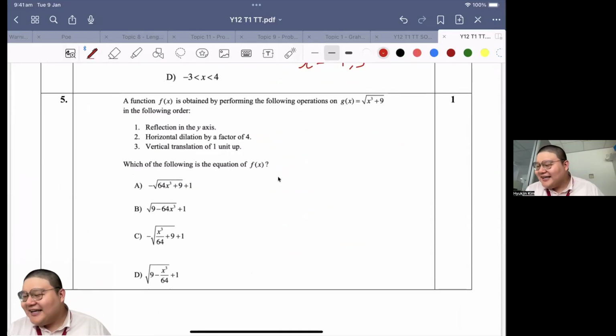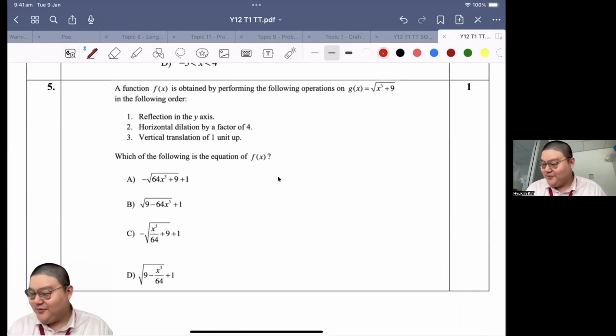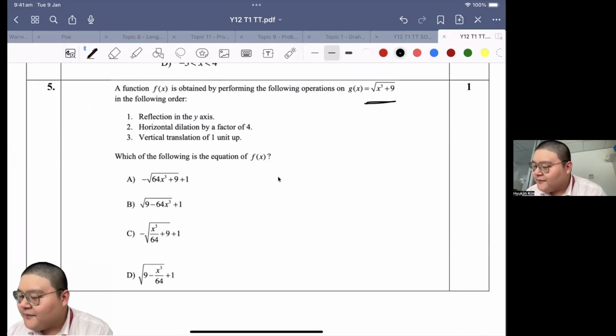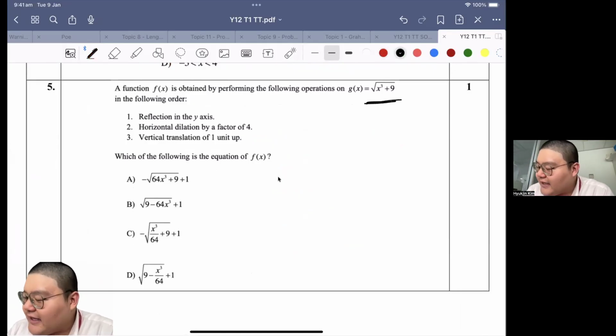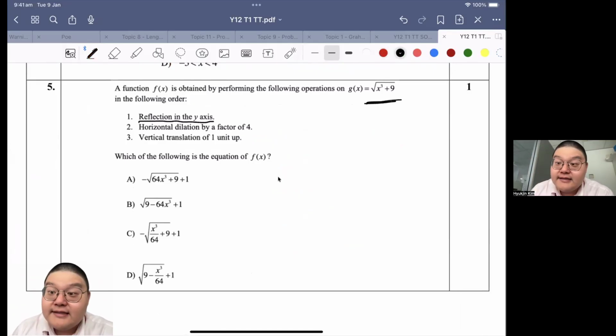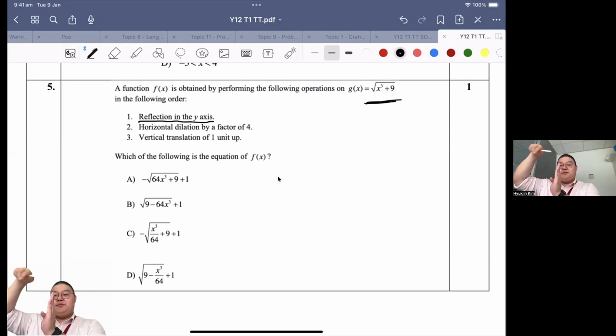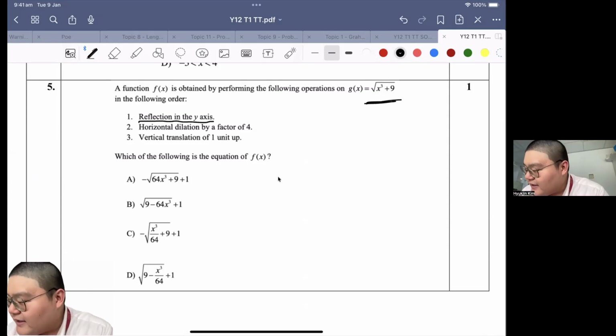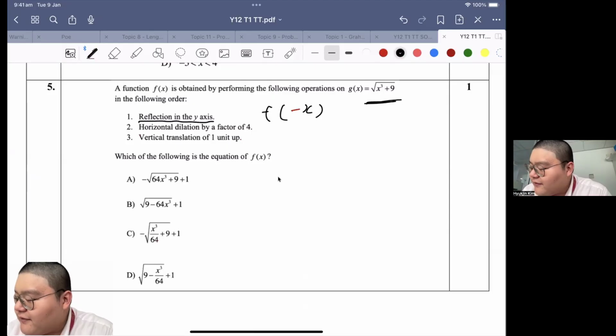The function f of x is obtained by performing the following operations on this fella that we have, in the following order. It reflects in the y-axis. That means it's a horizontal flip like this. That means I do f of negative x, and then horizontal dilation by a factor of 4.